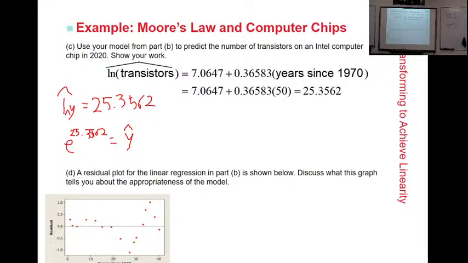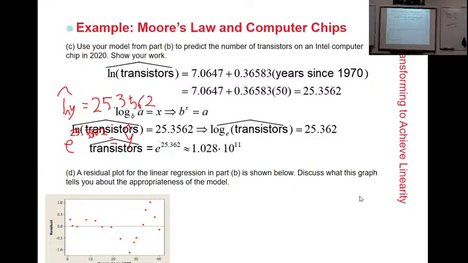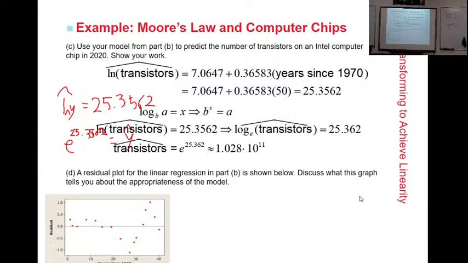So that's what you're going to see them do here. So then what happens when we don't use natural log? E gets replaced with a big number times 10 to the 11th. If we're just using log of y, the log is base 10. So if there's not a number down here, assume base 10.